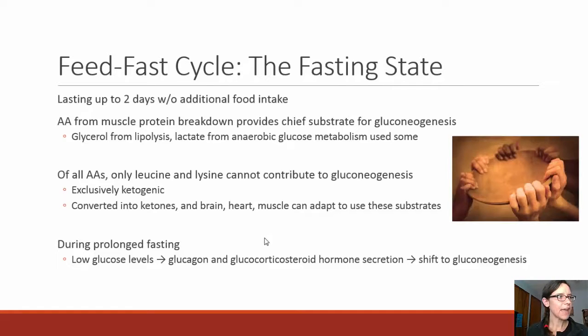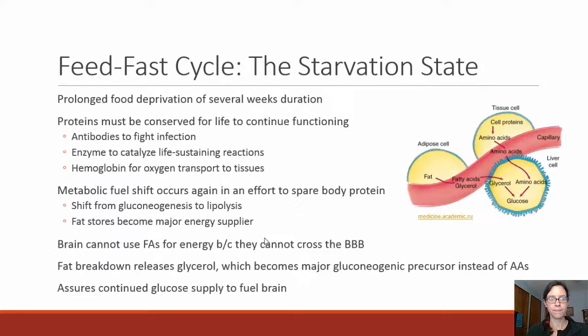Now, during prolonged fasting, we have low glucose levels, and this leads to glucagon and corticosteroid hormones predominating, shifting our body to gluconeogenesis to produce the glucose that we need for our body processes, such as brain function. Okay, now, if an individual has not had food for several weeks in duration, then they move on to the starvation state.